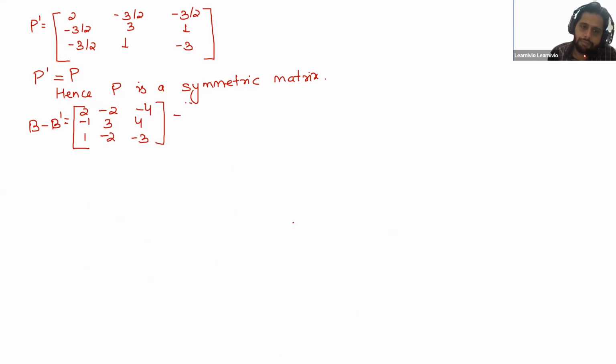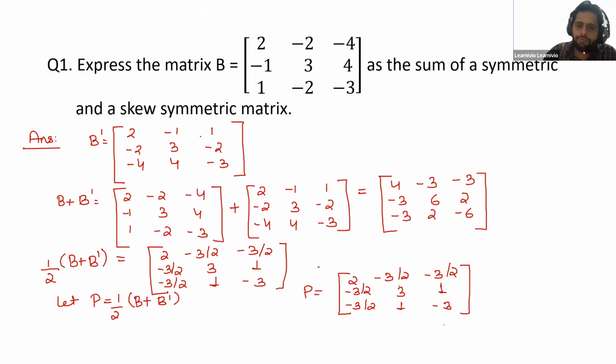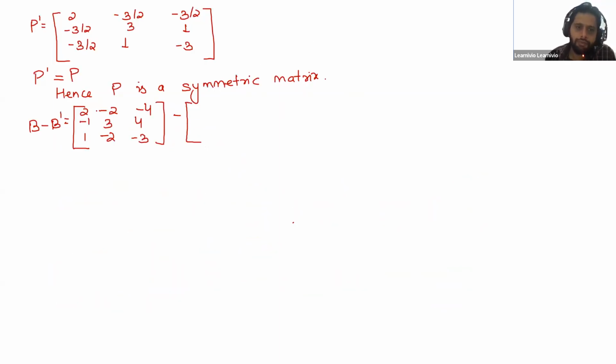Okay, minus B transpose. Now what is B transpose? We have already found it over here. So this becomes the first column, 2, minus 1, 1. This becomes the second column, minus 2, 3, minus 2. And this becomes the next column, 4, 4 and minus 3. Okay, now B minus B transpose, we find over here.